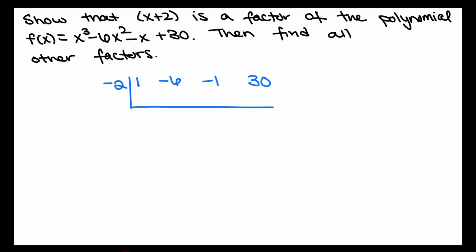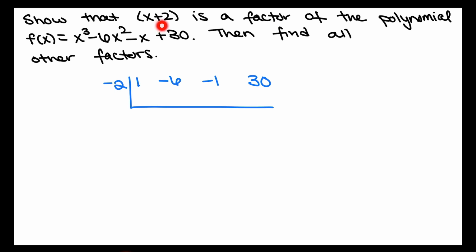That means if I take the polynomial given, which is f of x equals x to the third minus 6x squared minus x plus 30, and I divide that by x plus 2, I should get a remainder of 0. If x plus 2 is a factor and x equal negative 2 is a zero, then we have to get a remainder of 0. So I'm going to use synthetic division to do this.